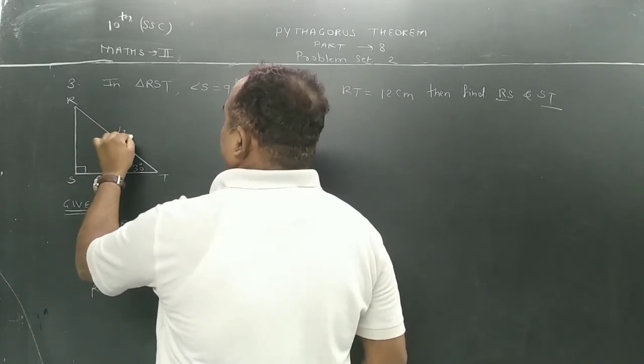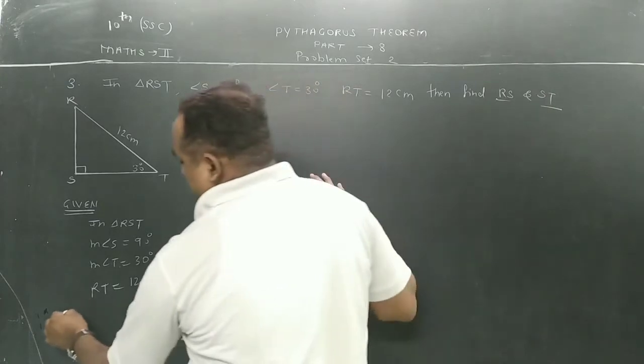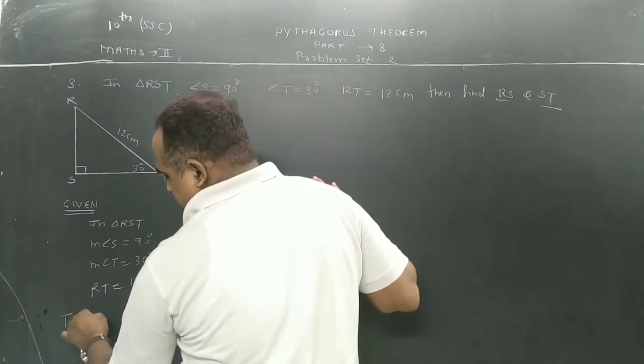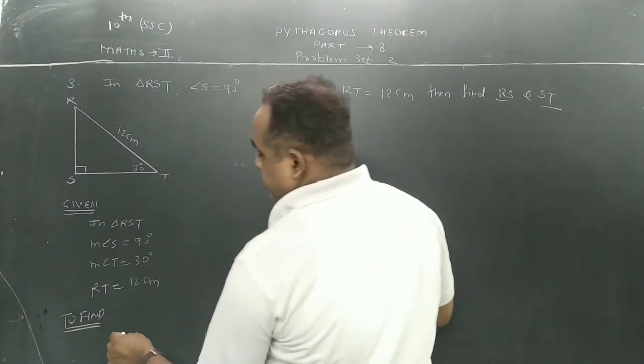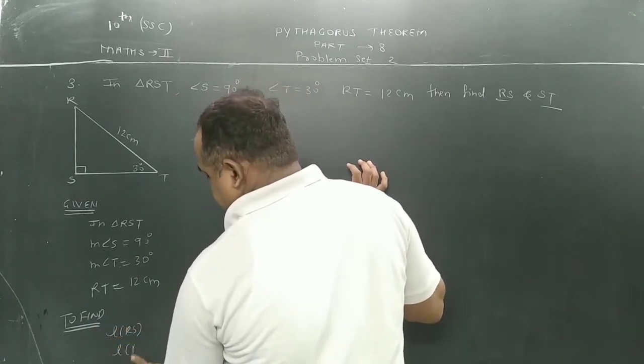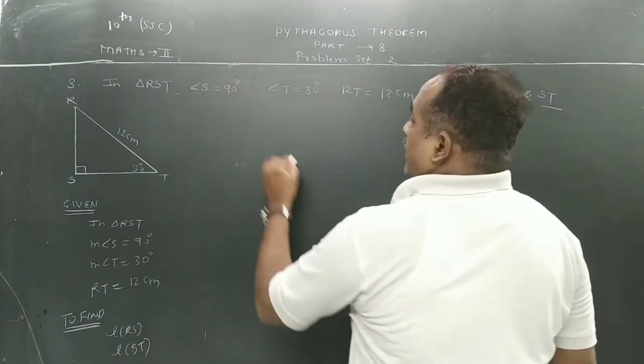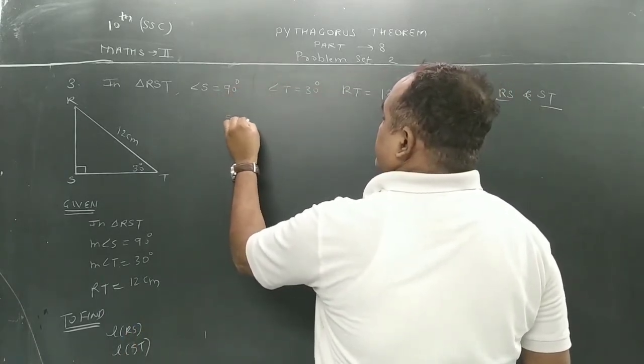And what are they asked to find? They asked to find length RS and length ST. Okay. So solution.